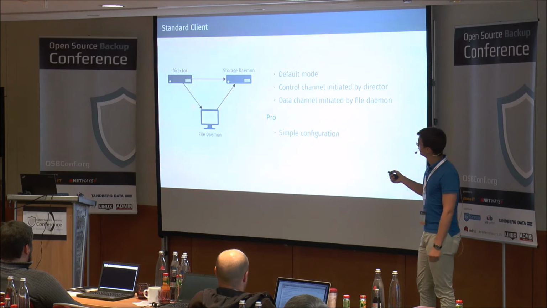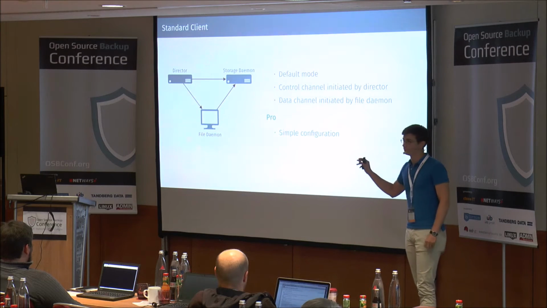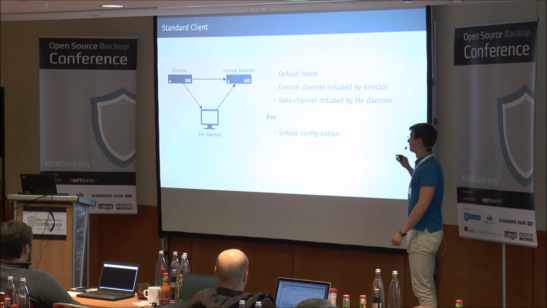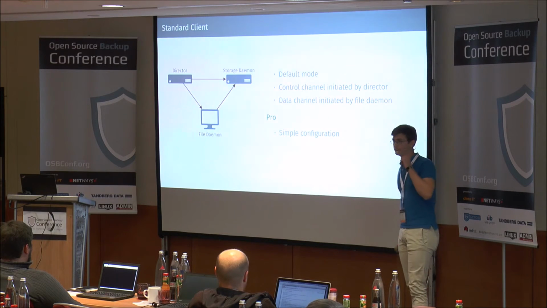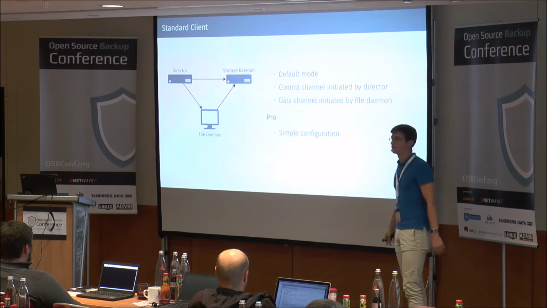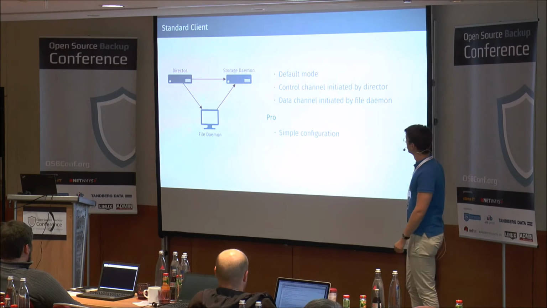So the connection between the director and the storage daemon is here just to be complete. This can actually be ignored because these machines are mainly in the same network or already are on the same host.